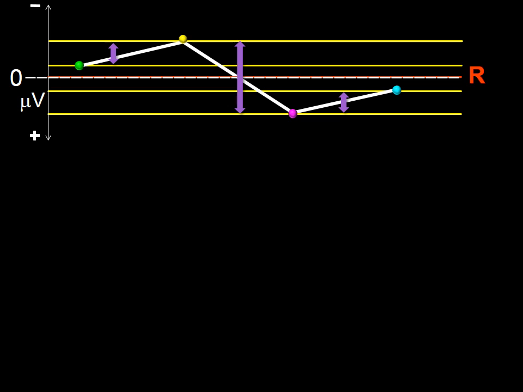Two electrodes, the green and the yellow electrodes, are above the zero line. Those are negative. The magenta and the blue electrodes are below the zero line. Those are positive. The reference is on the zero line, thus it is neutral and can be considered the minima of the positive and negative coexisting fields.